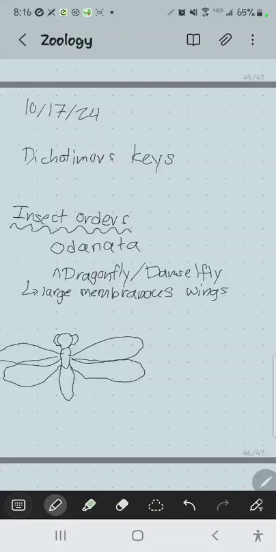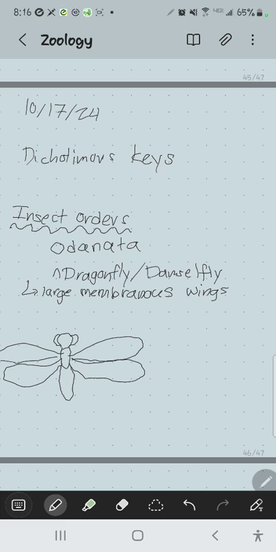They have to hold their wings out because they have no mechanism for folding them. More derived or more advanced insects have the ability to pleat their wings and fold them up underneath their shell. And these don't have that.